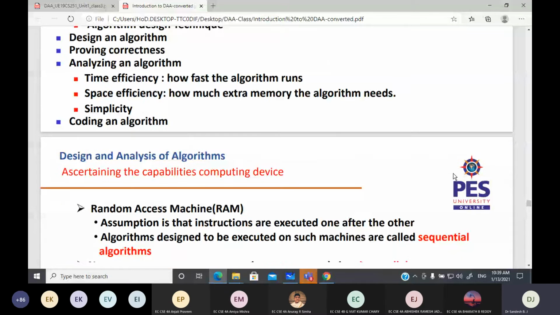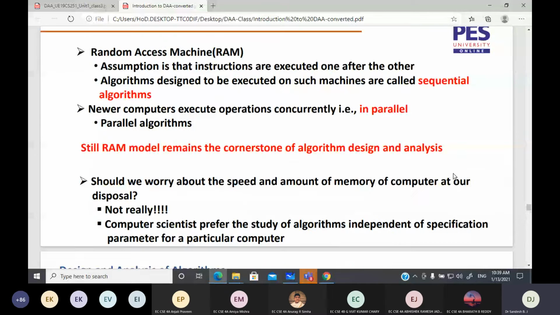We consider two architectures. One is the Von Neumann architecture, which is based on the idea of the random access machine. In a random access machine, the assumption is that instructions are executed one after the other. Algorithms designed to be executed on such machines are called sequential algorithms.